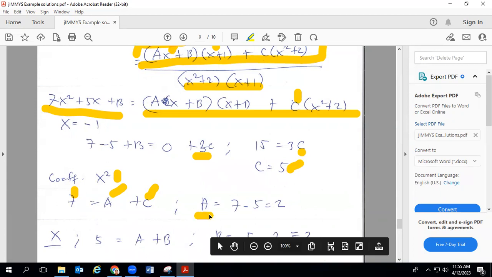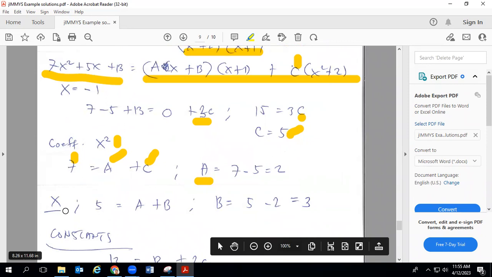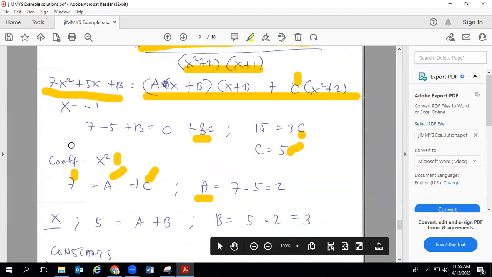Thus, we can compute the value of a. For x, the coefficient of x, we can find the value of b. From here, the coefficient of x is 5. Here, the coefficient of x is a.